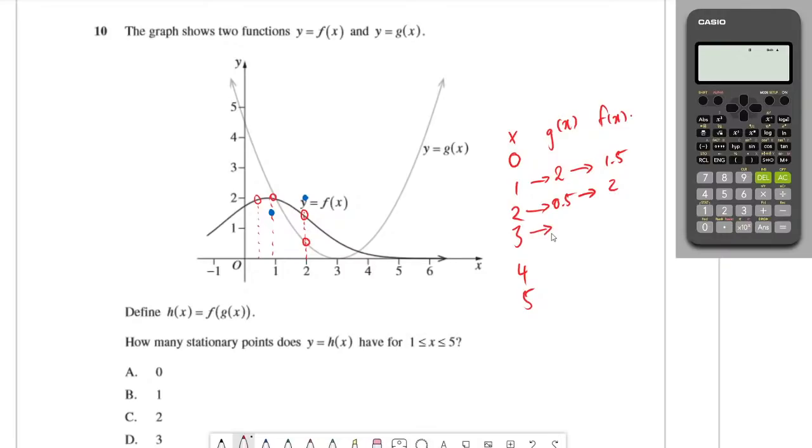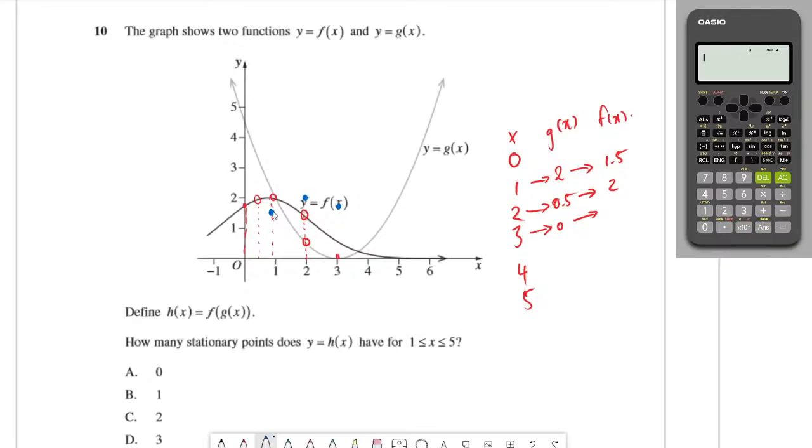Alright, put 3 into this. If I put 3 into g of x, we get 0. So I put 0 into f of x, and I get about 1.5, a bit higher than that, about there.